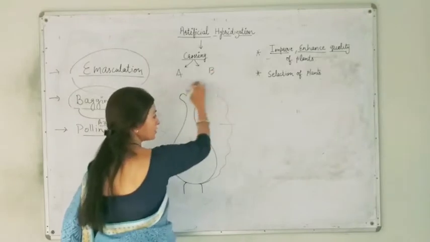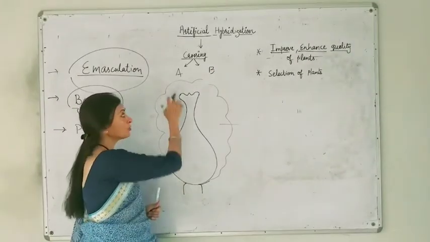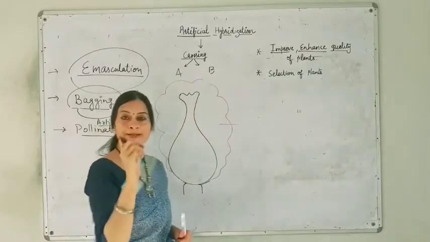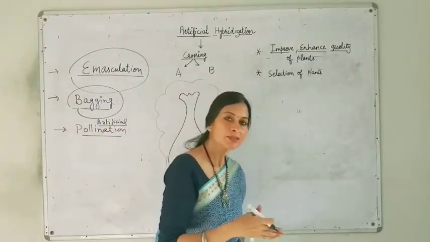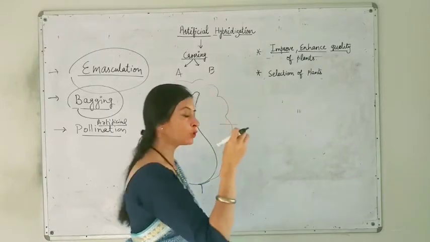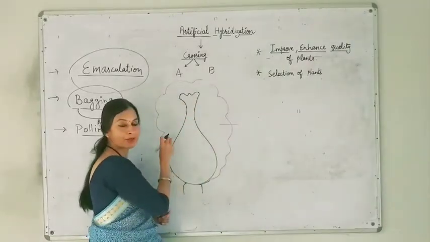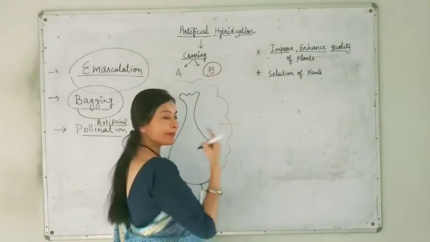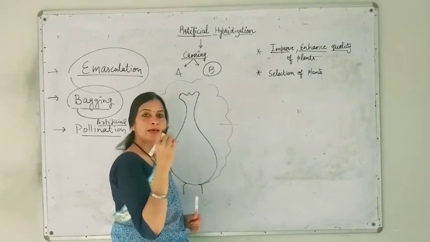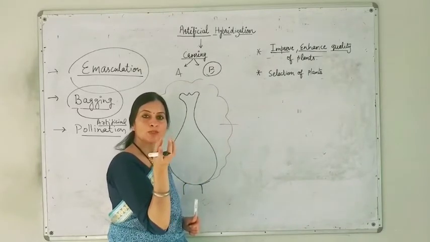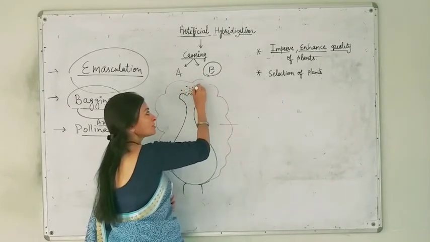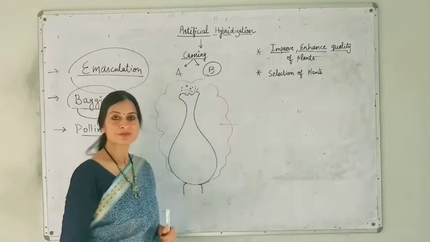Because we want to cross plant A and B. Suppose this is the emasculated flower of plant A. Now we have to dust pollen grains from the plant that we want to cross with plant A. So we have to take the pollen from plant B. When dehiscence takes place, we will collect the pollen from plant B and dust it over the stigma surface of plant A.